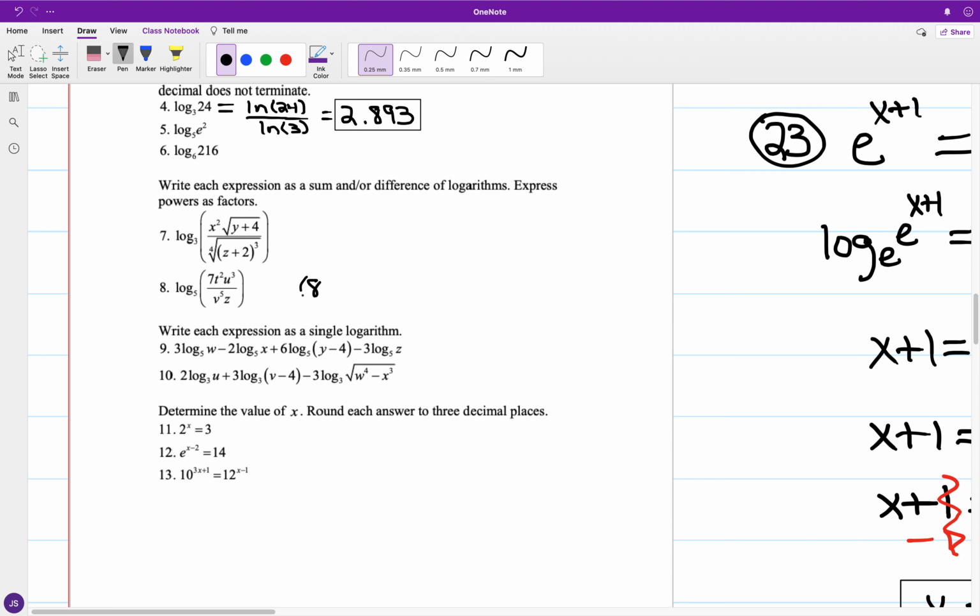And just looking at this, I don't have any radicals to convert to exponents. So here all the coefficients and degrees are in integer form. In the numerator I have 7t squared u to the third, and in the denominator I have v to the fifth times z.